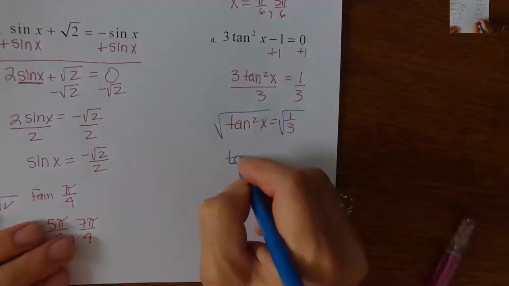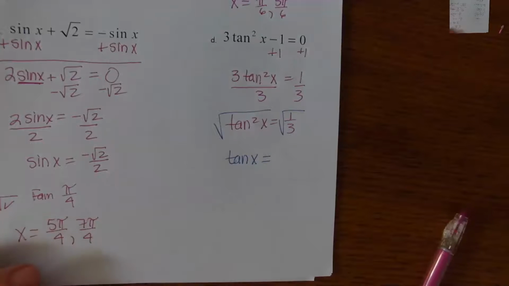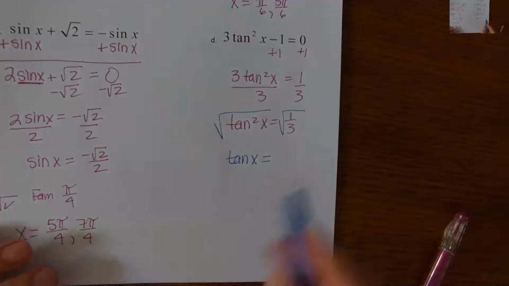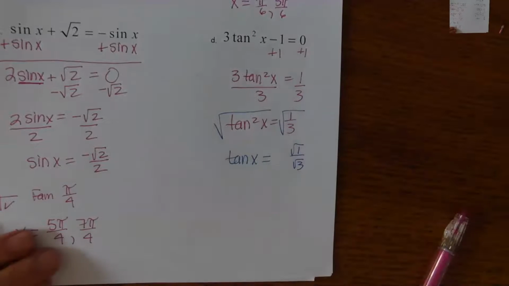Now that leaves tangent. What goes on the right side of this equal sign? Come on, y'all. Dig deep, go back to algebra. This is the square root of 1 over the square root of 3, but what else do I need?